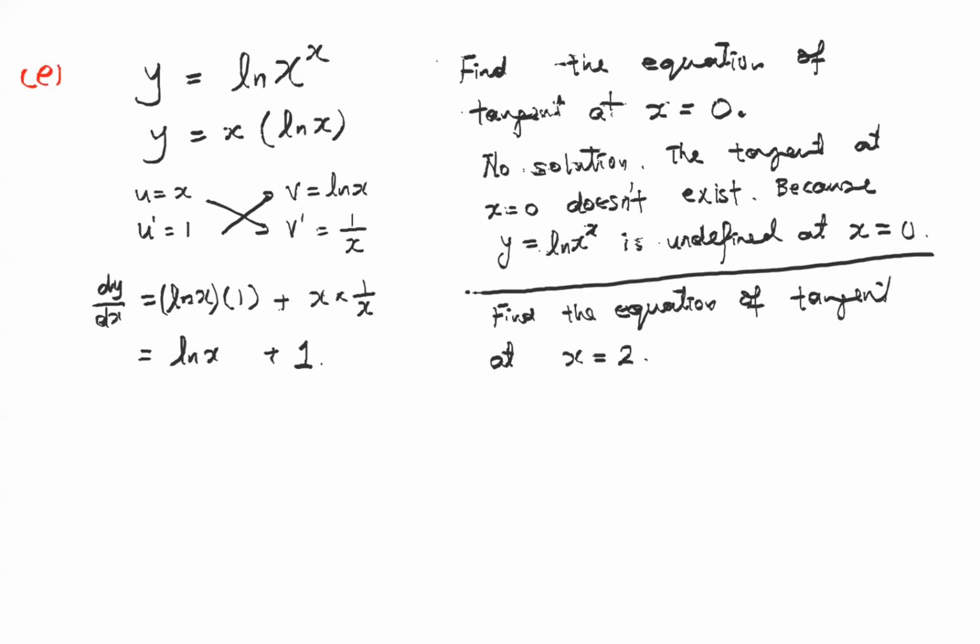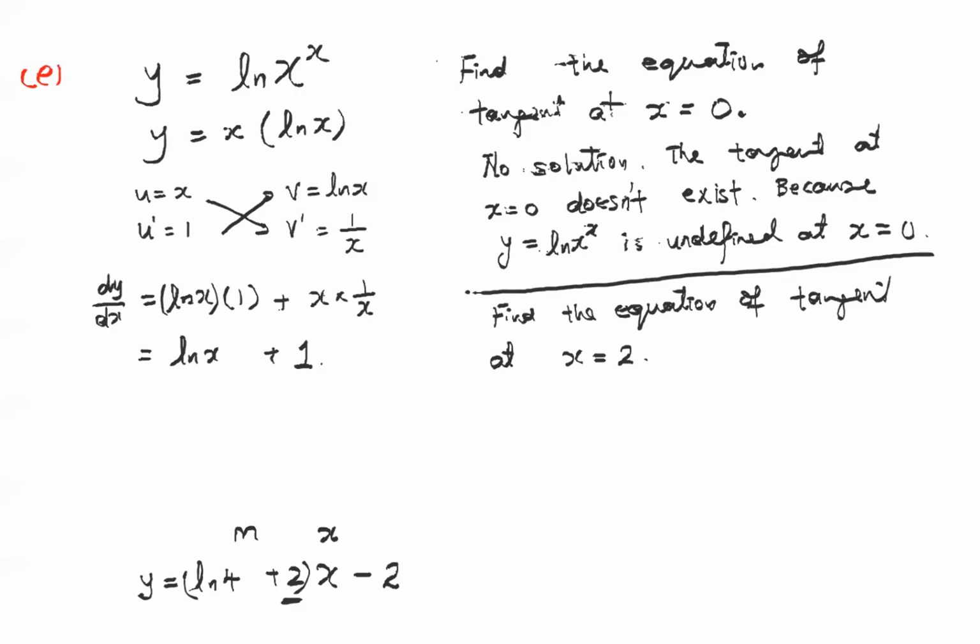Okay, you may start now. When we want to find the equation of tangent, we have the gradient function already. So first of all, I know that I have to sub into this formula. So I have to know the gradient at x equal to 2.